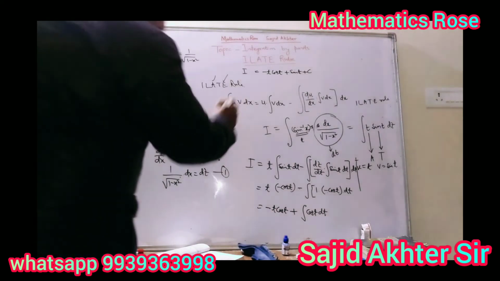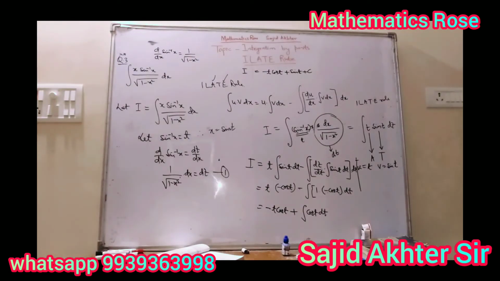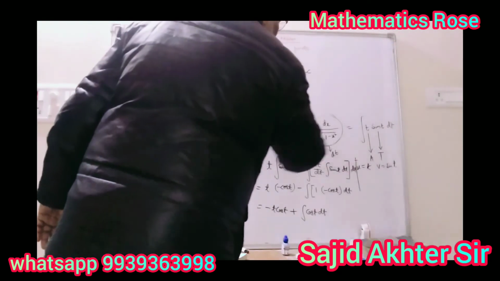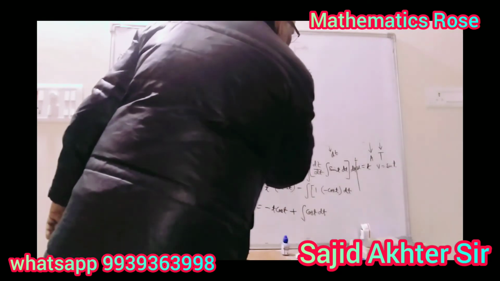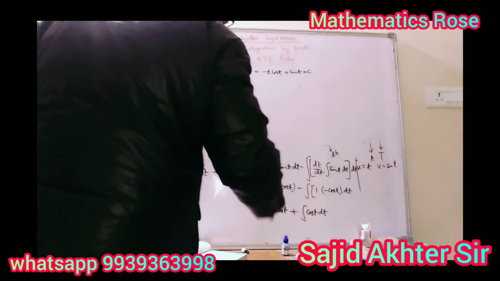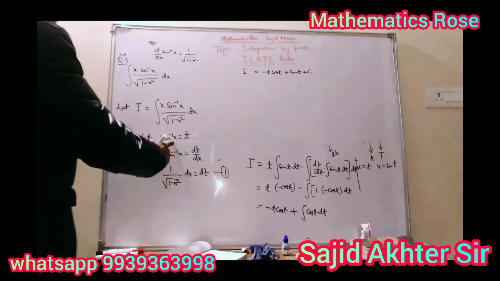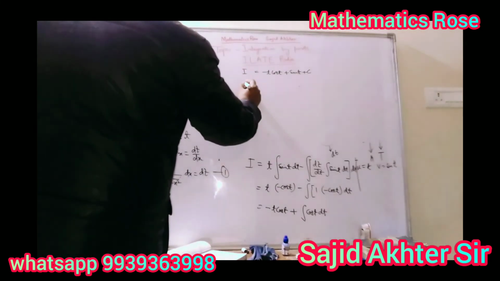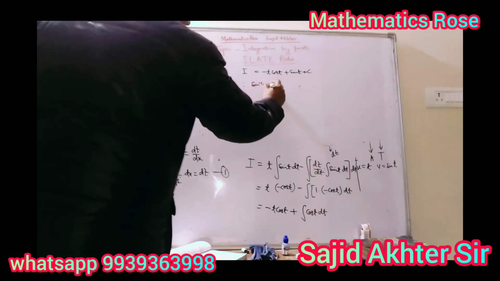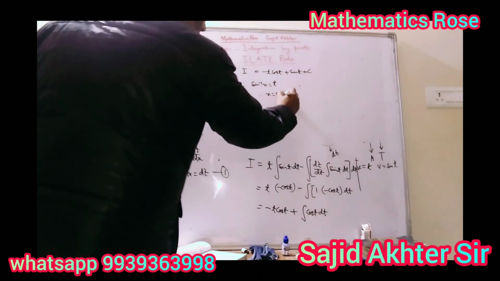So up to this you have understood, I think. So now I am rubbing here. See, in place of t we can write sine inverse x. Since sine inverse x is equal to t, therefore x is equal to sine t.